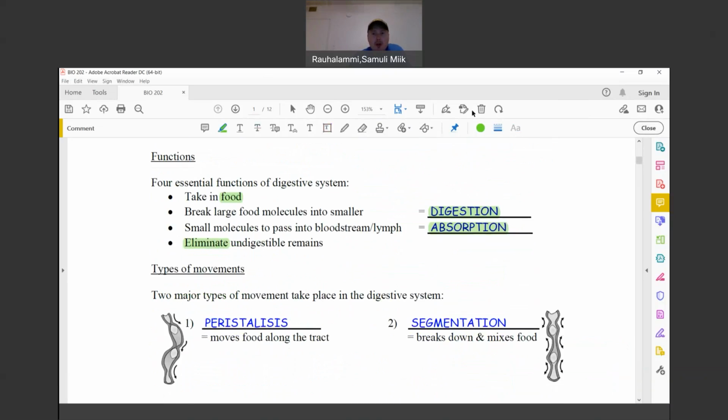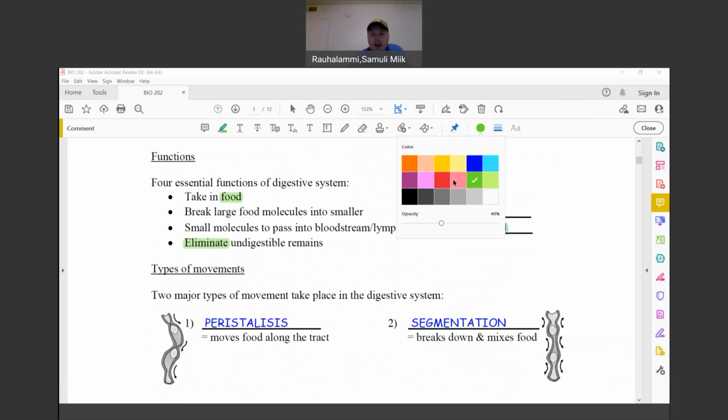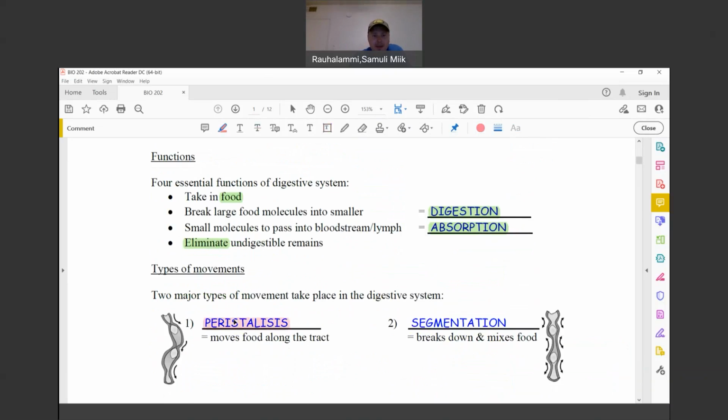Let's have a look at two types of movements, and these two types of movements we've seen before in our discussions. So what happens in peristalsis is that the food moves along the tract in a synchronized, coordinated manner. So peristaltic movements of vessels are movements where part of that vessel contracts and the part immediately next to it contracts again.